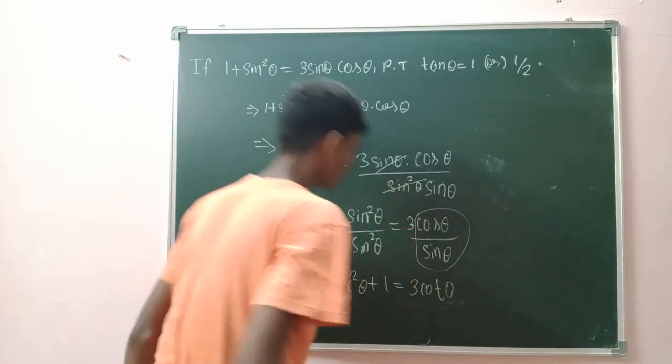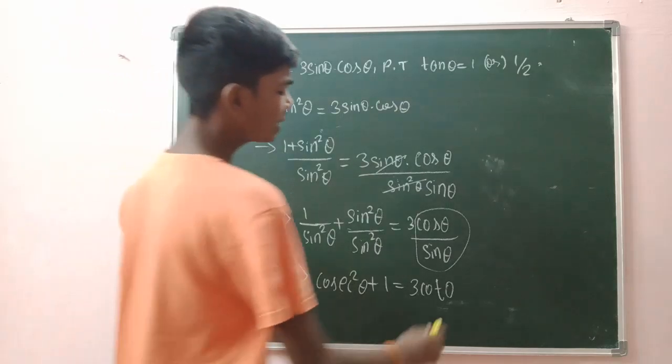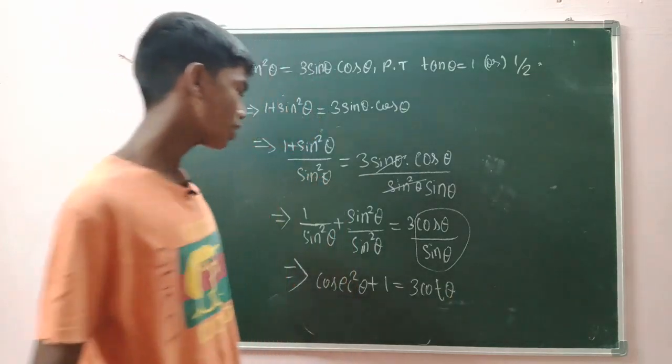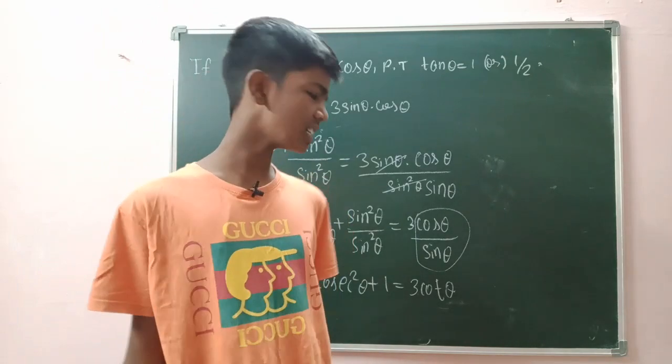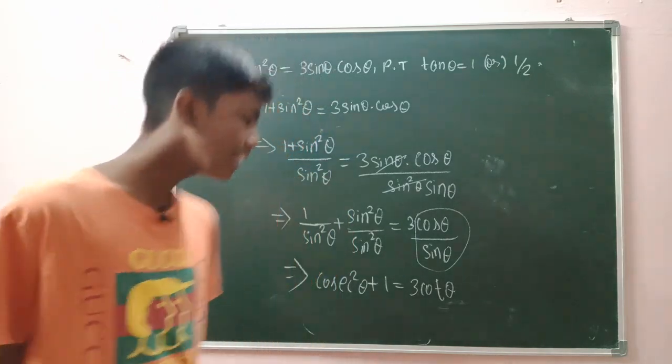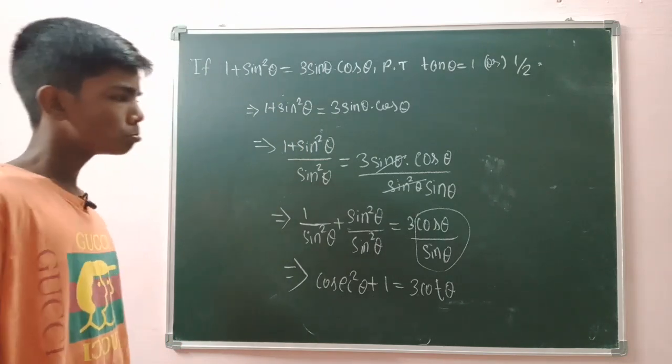Okay, this is what I will be left with. So now, either you can convert cot theta to cosecant theta or cosecant theta to cot theta. Think carefully: what can I do?